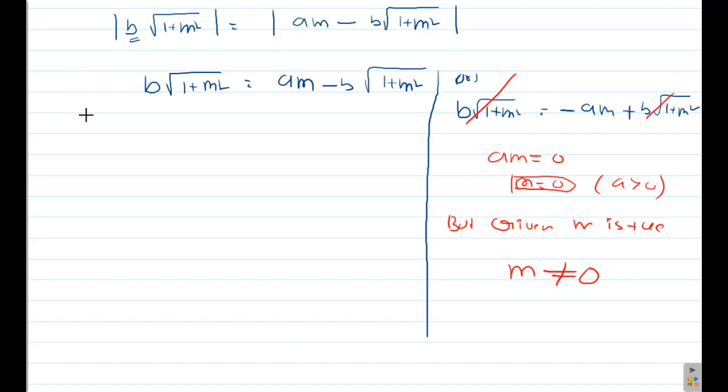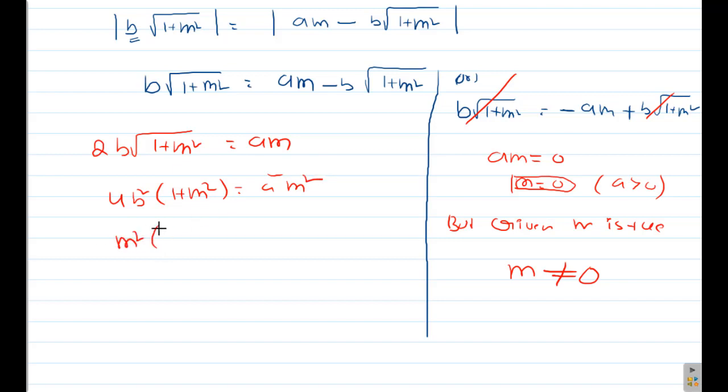Now I want to use the first case to solve the problem. We transfer this side: 2b into root over 1 plus m square equal to am, or 4b square into 1 plus m square equal to a square m square. We want to find the m value. So m square times 4b square minus a square equal to minus 4b square.